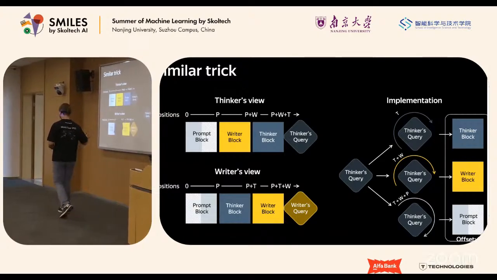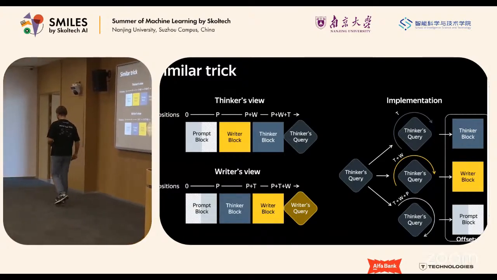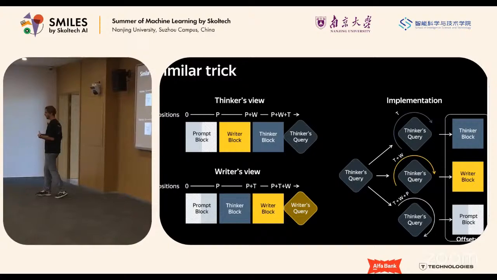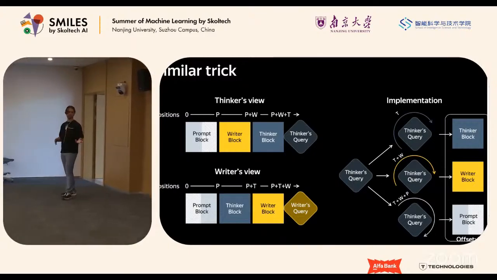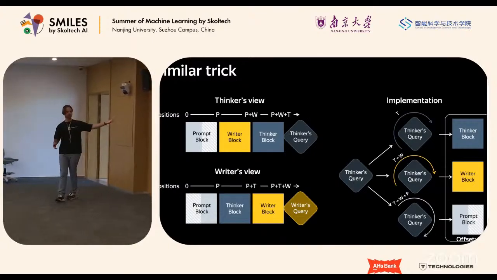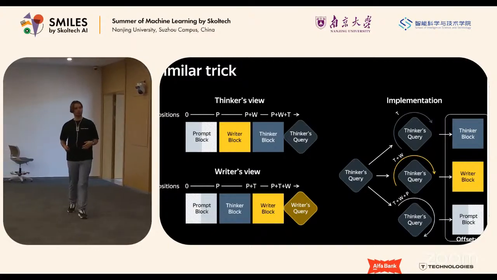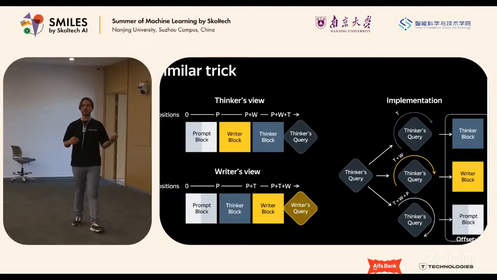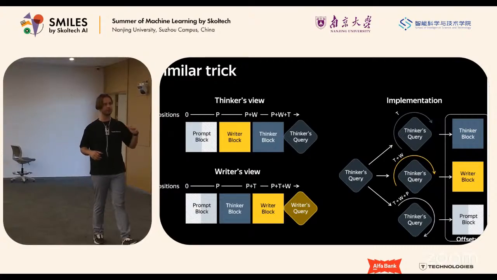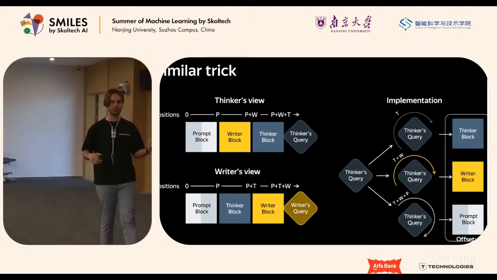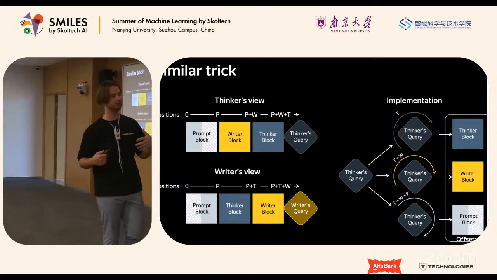One is support masking, since we have asymmetrical cache blocks and asymmetrical agents. So now we have asymmetrical prompts for them, and that is something to consider, as well as being able to run the thinker only on one forward pass, and then both thinker and writer on the other pass.